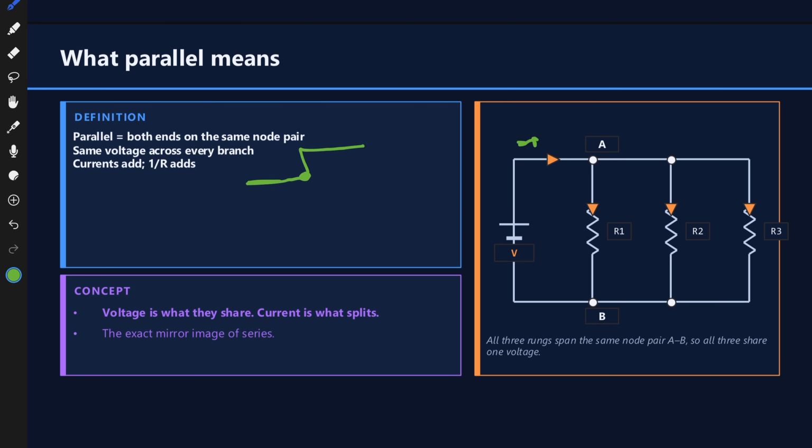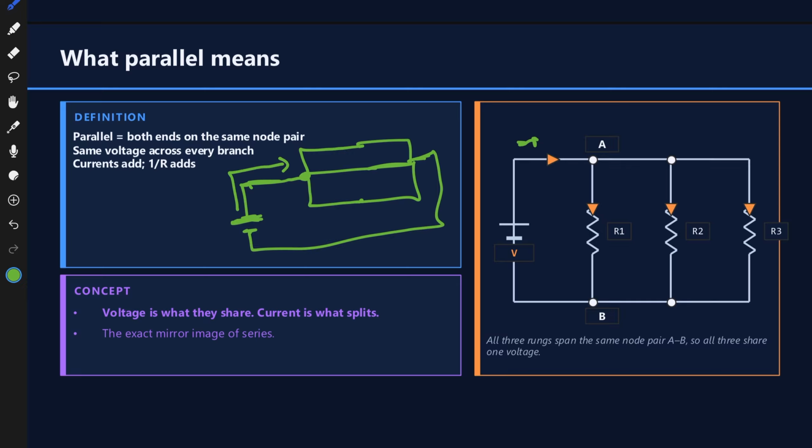So you go like that, you go like that, you go like that. Okay. So let's say you have a circuit here, and it starts from the positive side, right? And you hit a node where you branch into three different wires, okay?